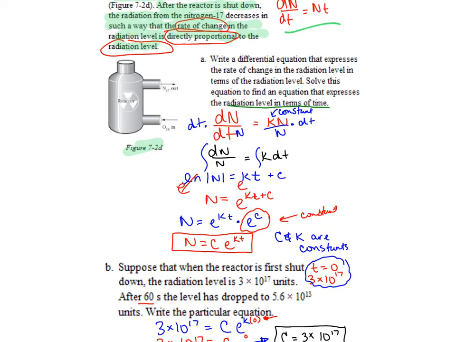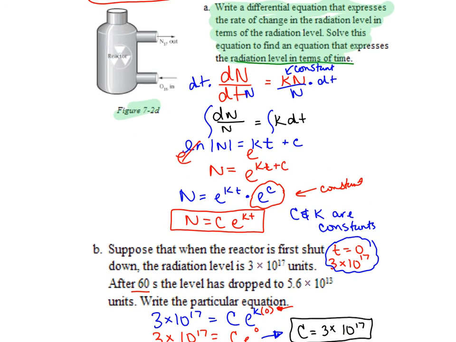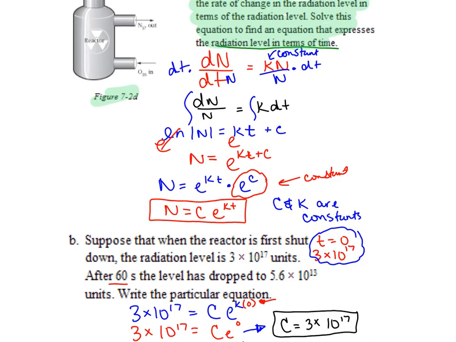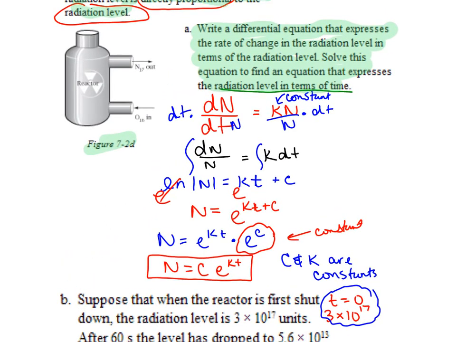Alrighty, so let's continue reading. Write a differential equation that expresses the rate of change in the radiation level in terms of radiation level. Solve this equation to find an equation that expresses the radiation level in terms of time. Okay, they want you to find N, because they don't want the rate of change anymore, they just want the radiation level. So you know the drill.